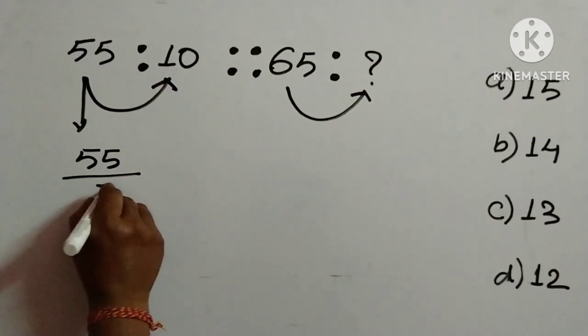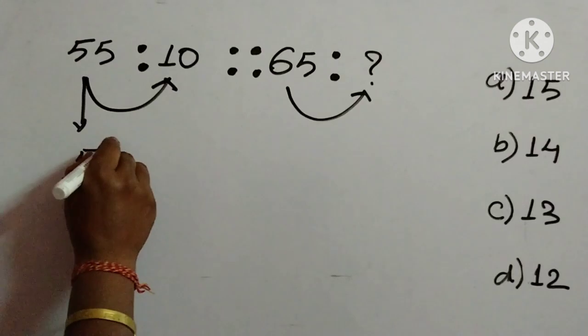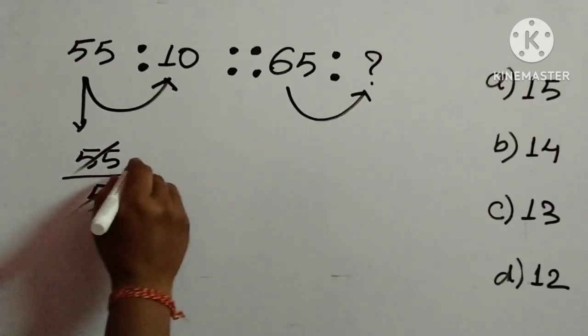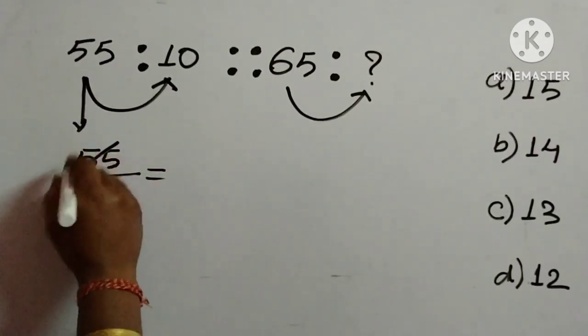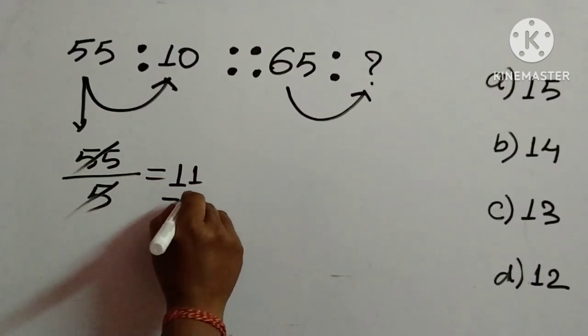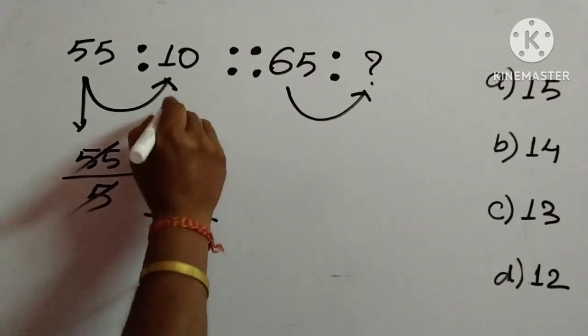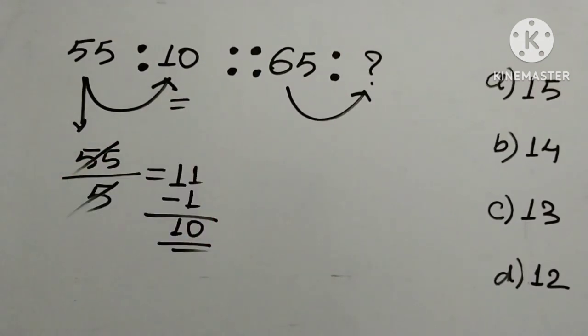So straight away we can divide it by 5. We can divide it by 11 also. Now we will first check with 5. If we divide by 5, it comes 11, and 11 minus 1 gives 10, which is given over here.